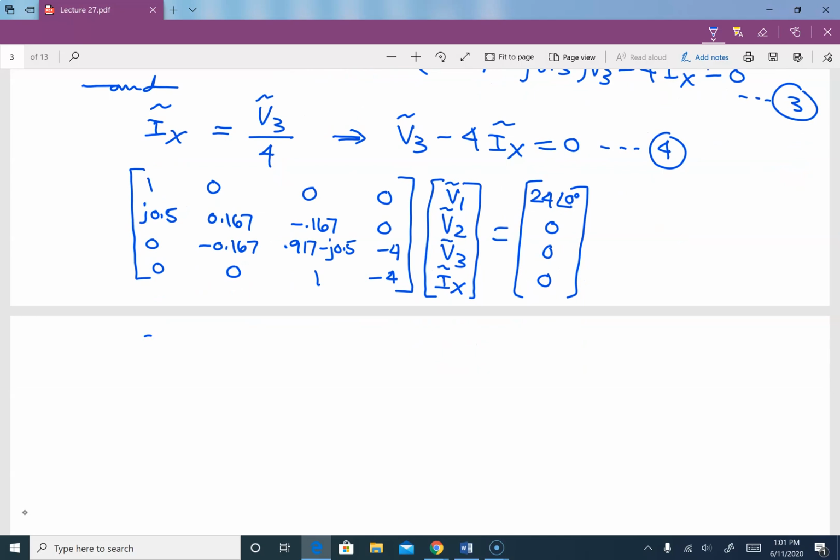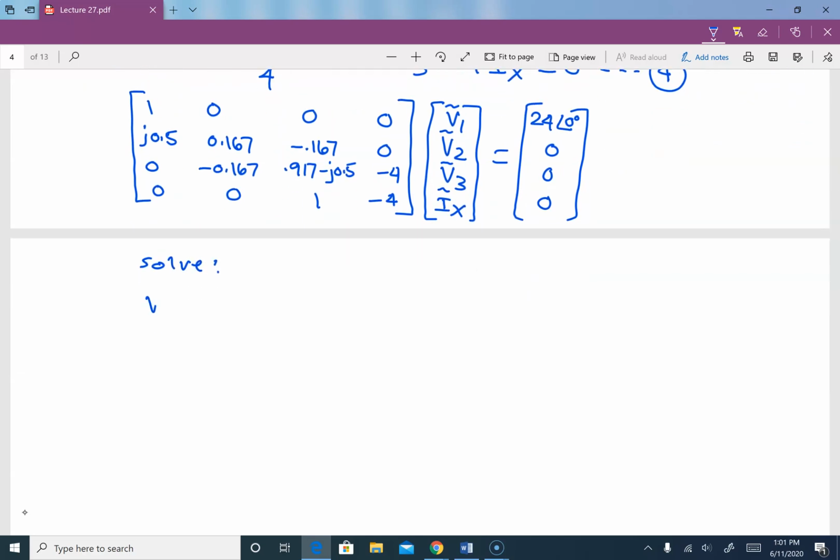So now when we solve, we are going to get V1 is equal to 24 with angle 0, V2 is 19.2 minus J 62.25.